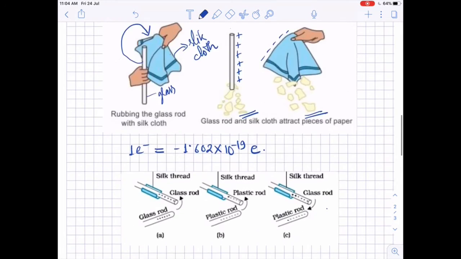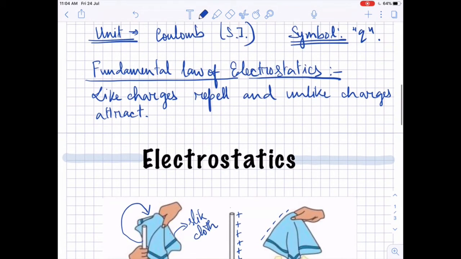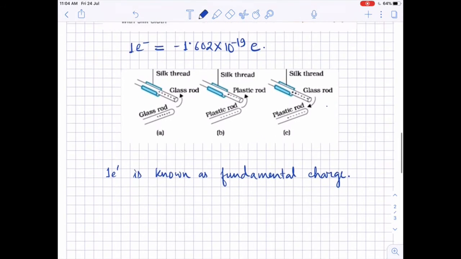Now let's understand the fundamental law of electrostatics, that like charges repel and unlike charges attract. If we rub a glass rod with a silk cloth, we get a positively charged glass rod.